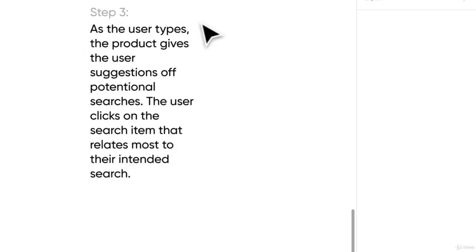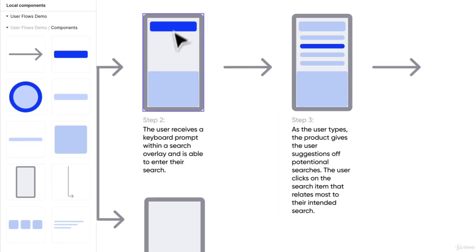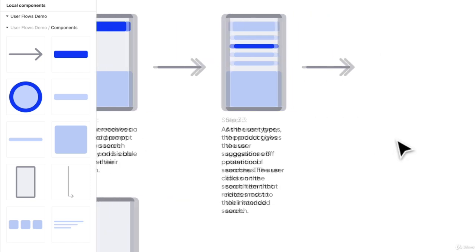So essentially what's happening here is the user is actually clicking on here. As they are typing, they're getting suggested results, and the user can actually just not click one of these, but they can just keep on going and click enter or whatever that CTA is within the keyboard. But we're just going to highlight that they can actually click through a suggested result.